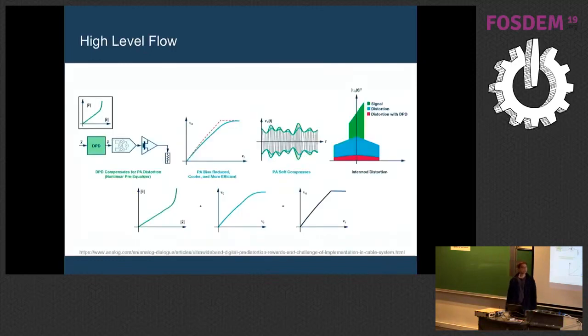So what's the high-level overview? Pretty much what we have is at the output, we want to have a perfectly linear signal. We want to say what goes in just gets bigger and comes out. I'm going to talk about why this is the shape that you get out of a power amplifier. As you increase the power, there's a very familiar term, the 1 dB compression point. As you drive your power amplifier up, eventually, when you increase your input signal by 1 dB, it's just not going to go up by 1 dB.